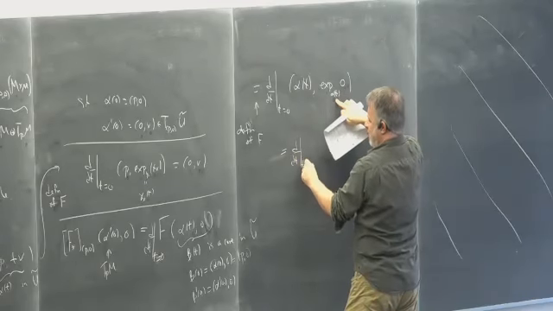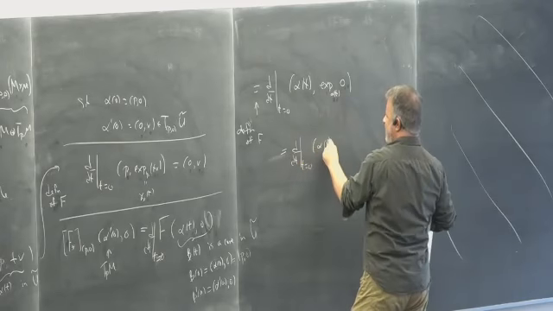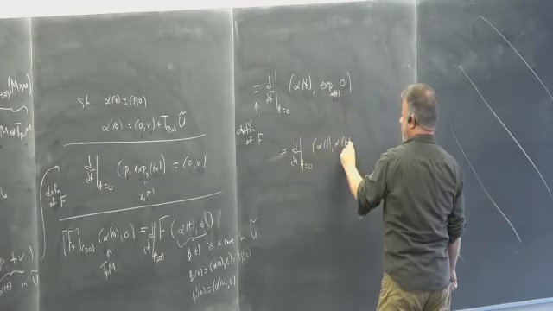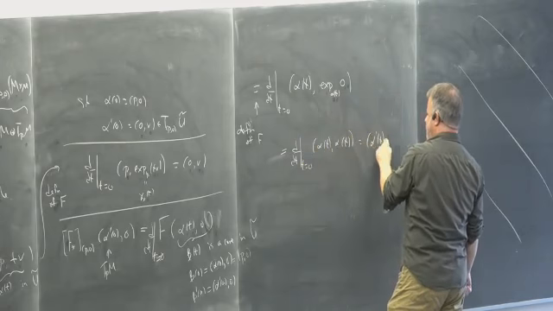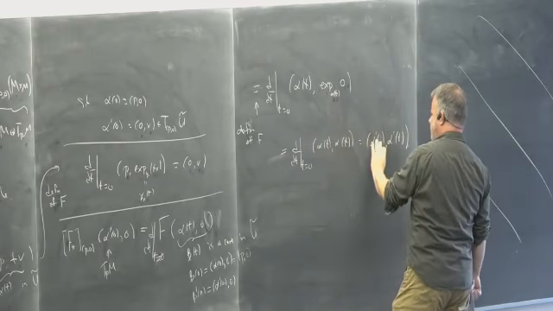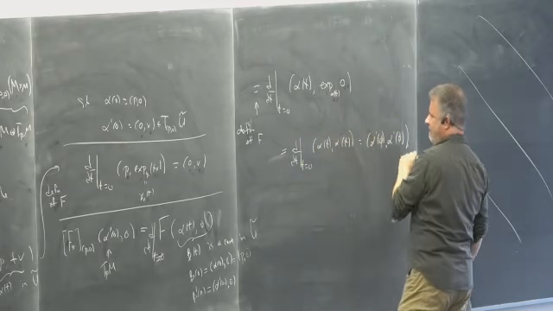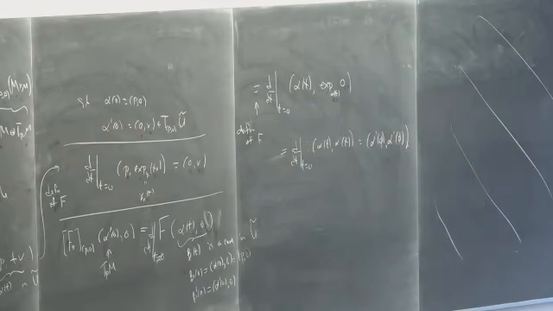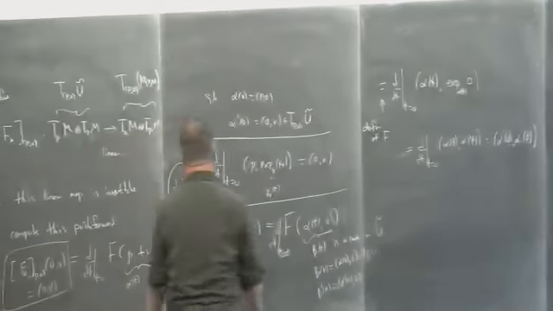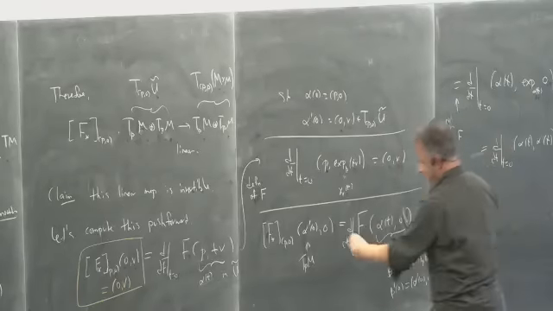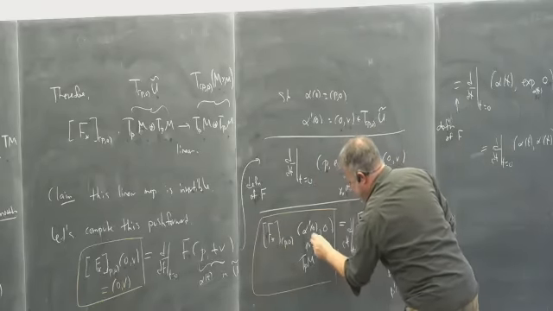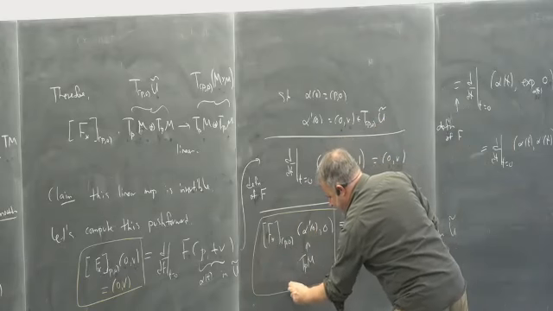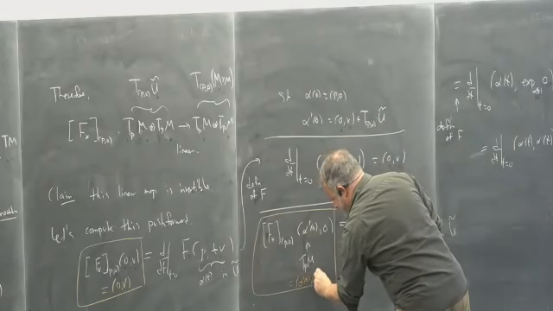So this is d by dt at t equal to 0 of alpha of t, and that's alpha prime of 0, alpha prime of 0. Okay, so we've figured out that this smooth function, when you apply it to 0v, you get 0v, and when you apply it to alpha prime of 0 comma 0, you get alpha prime of 0, alpha prime of 0.